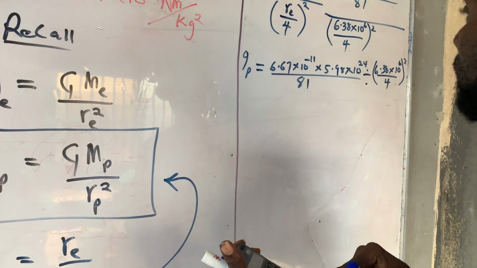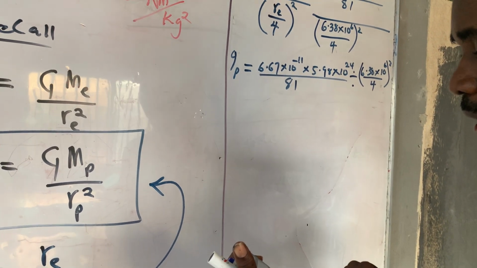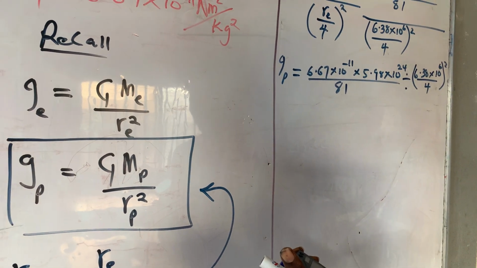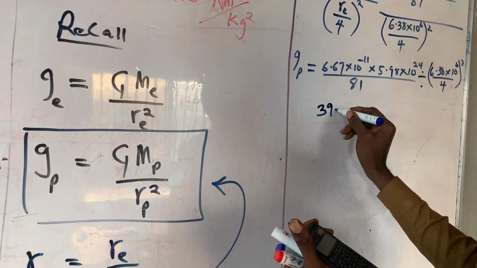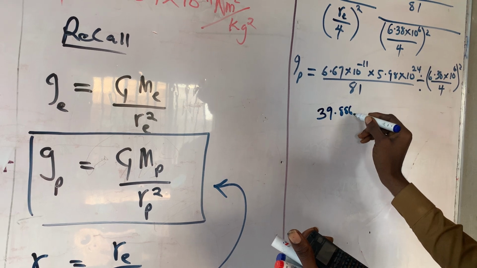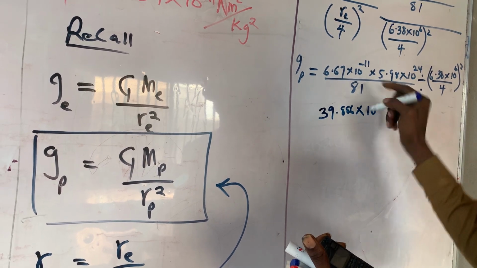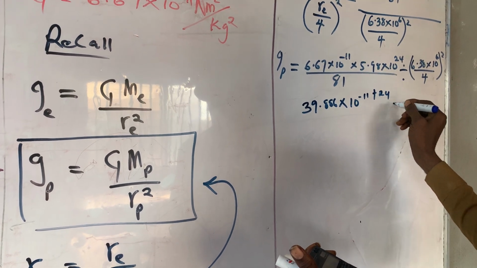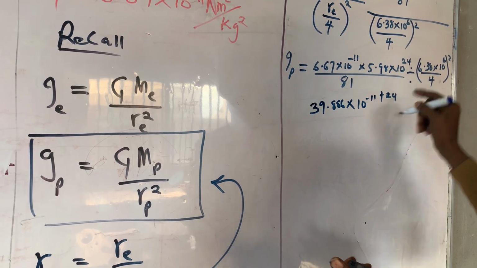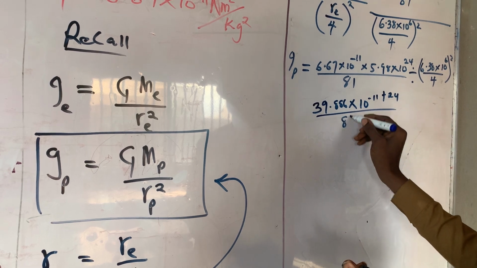6.67 times 5.98, that is giving us 39.886 times 10 raised to the power of minus 11 plus 24, divided by 81.